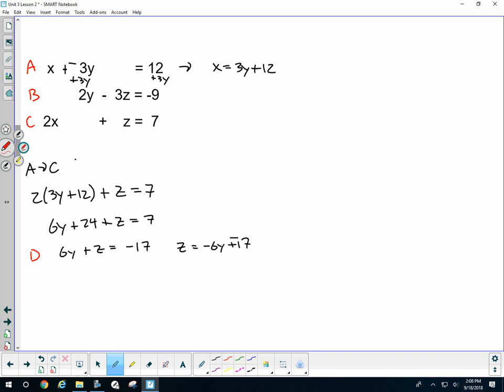So I'm actually now going to take D and sub it in for B. Go ahead and do that. And then, once you get what y is equal to, everything else should kind of fall into place using the equations that we already have. After we find what y is equal to, you'll be able to find another variable. Once you have those two variables, you'll be able to find the third variable. So let's see if you can figure it out.